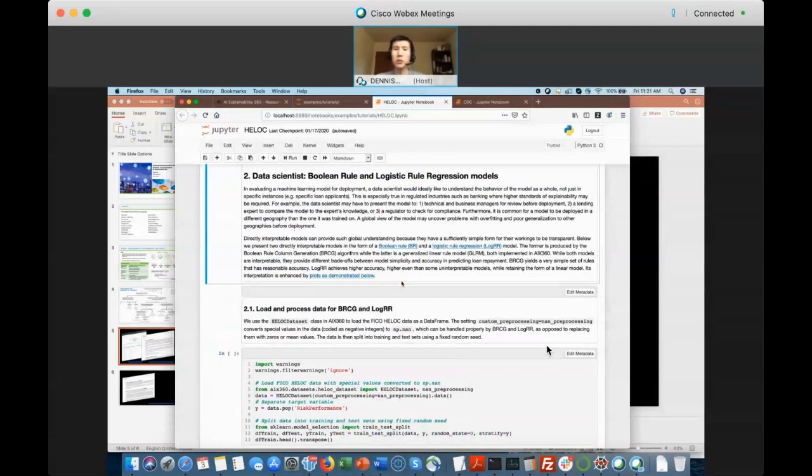And we're going to look at two algorithms that produce these directly interpretable models. One goes under the acronym of BRCG, Boolean Rule Column Generation. And then the other one is GLRM, that stands for Generalized Linear Rule Models. I won't explain all the words in that acronym, but we'll see by example what kinds of models these produce.